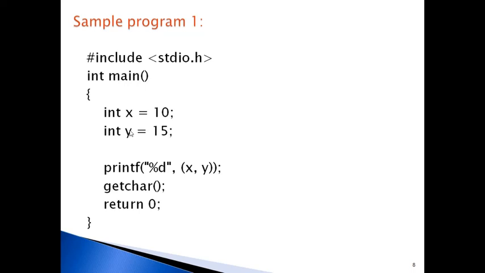To print an integer number, we use %d, comma, arguments list. If you are printing only one variable, we use only one argument. Here in this program, we wrote x, comma, y within the parentheses.